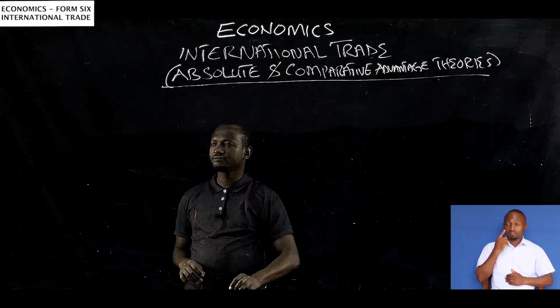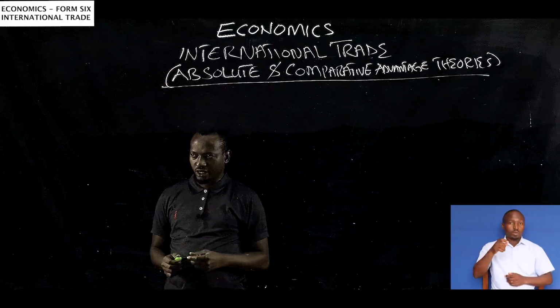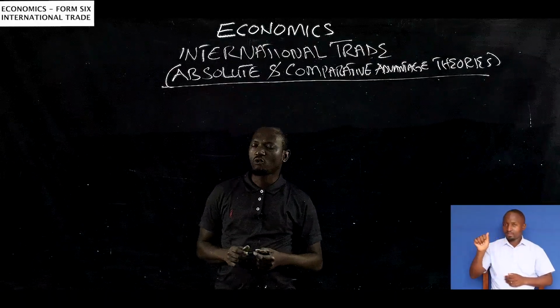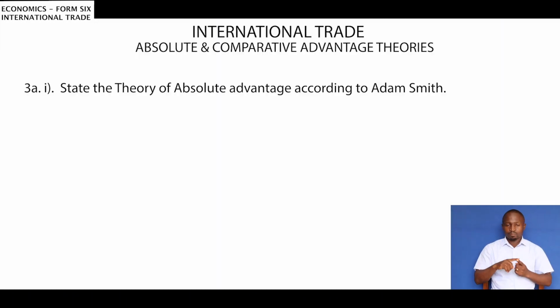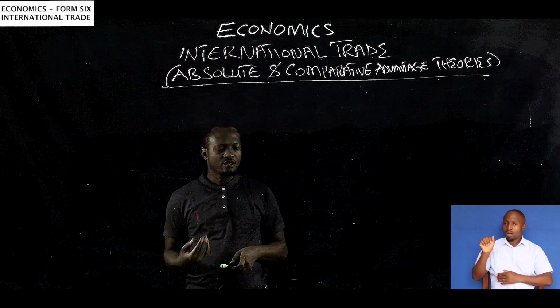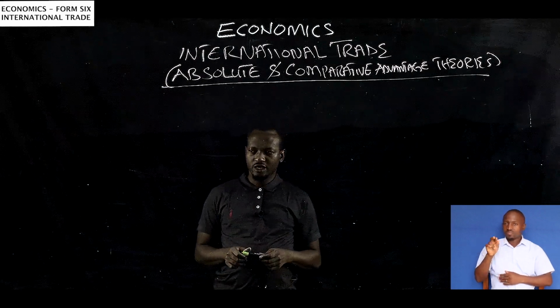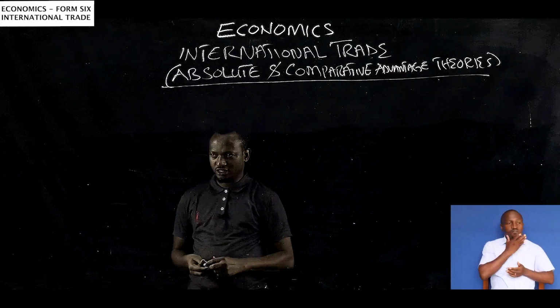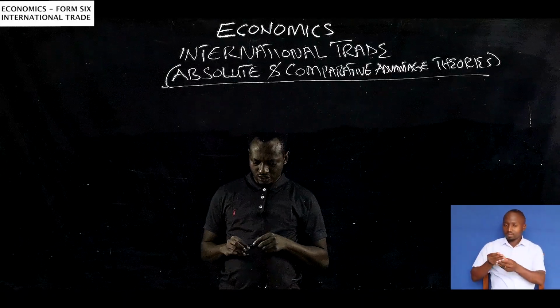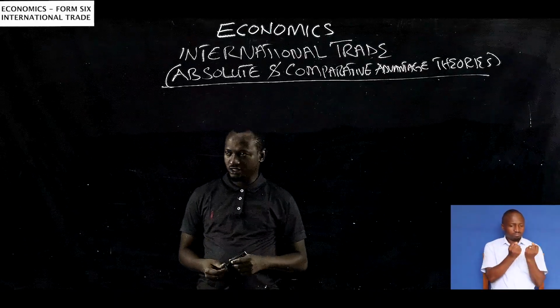As you see, question number 3A, Roman 1. The question says, state the theory of absolute advantage according to Adam Smith. In economics, we call Adam Smith the father of economics because he advanced many theories.